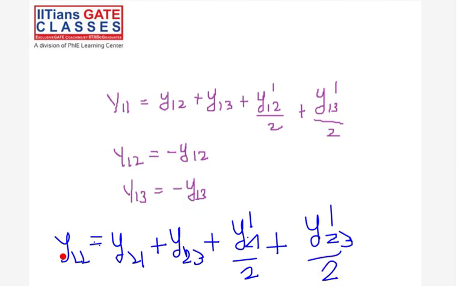So basically, for the diagonal element corresponding to 2, we'll add the half shunt capacitance or half shunt admittance of the lines connected to that node, right? Similarly, for Y33, we will add this and this, right? Make sense?